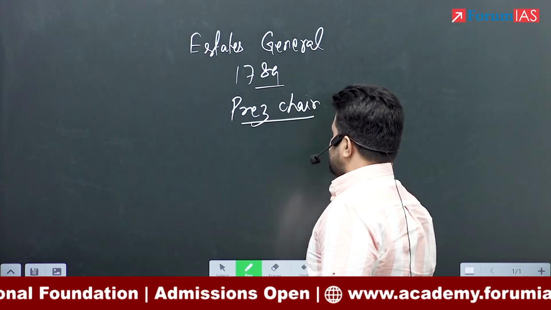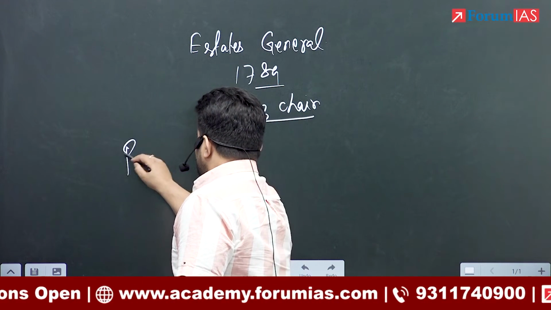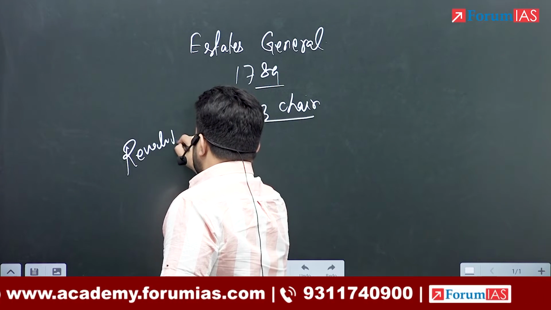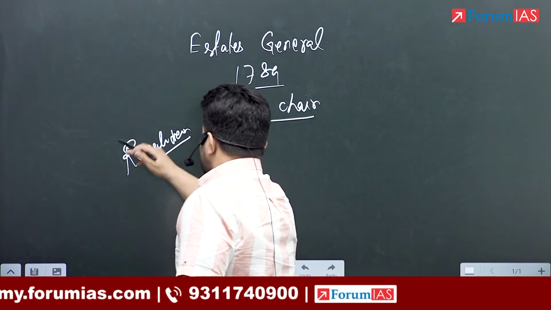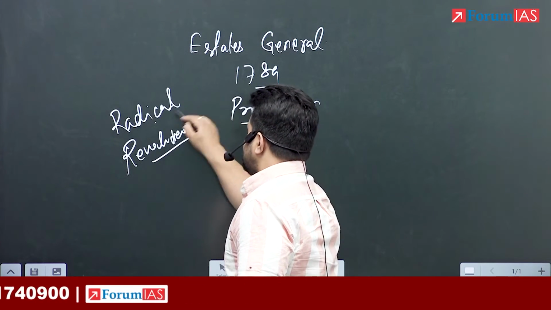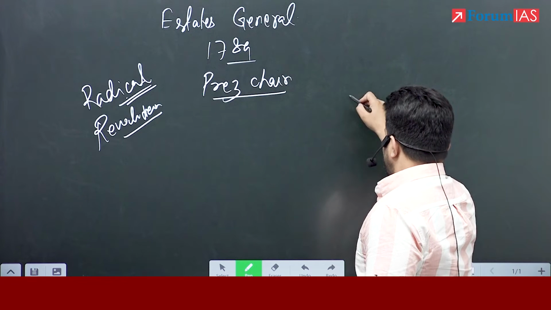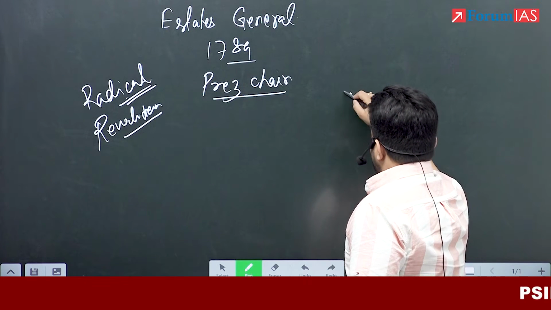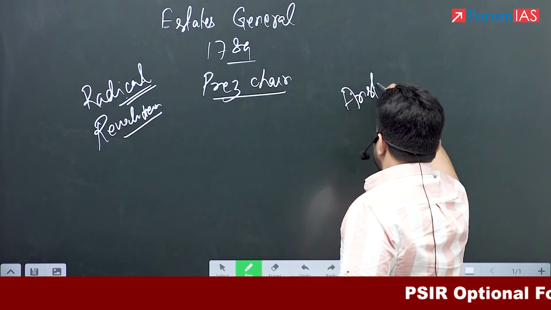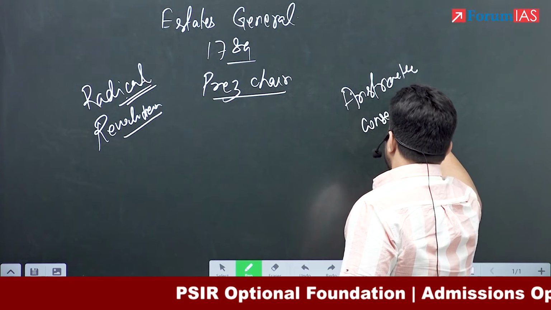There was the president's chair, and on the left side you see revolutionaries, or those radicals who were in support of revolution. And on the right side, you saw aristocrats, or you can also call them conservatives.